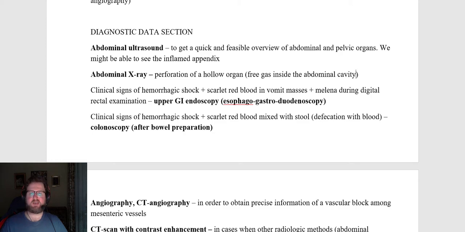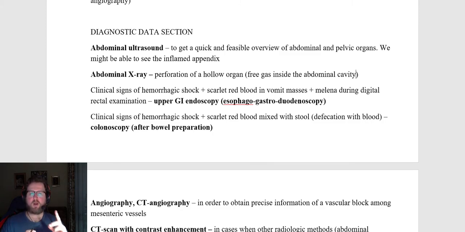So if you see a strip of black, which refers to air, between the patient's diaphragm, which of course has a tissue thickness and is shown as white on X-ray, and the intestines, which are also of tissue thickness and mostly white, you can be definitely sure that this is free gas inside the abdominal cavity, and it got there from a hollow organ, either from a perforated stomach or a perforated duodenum.